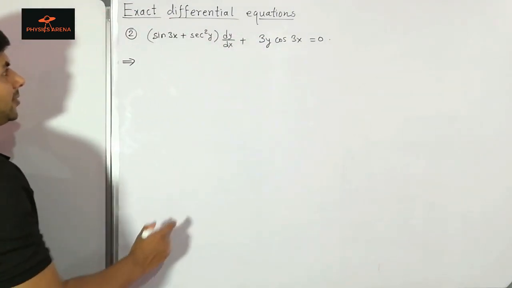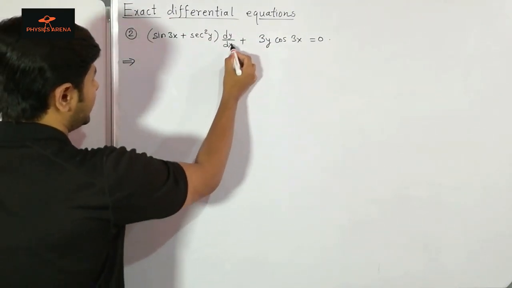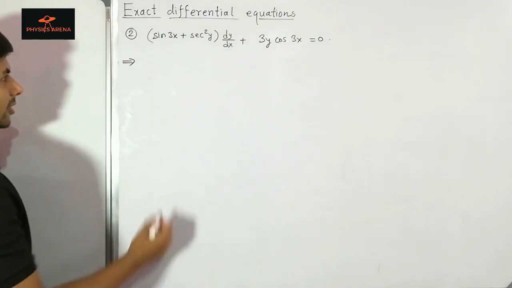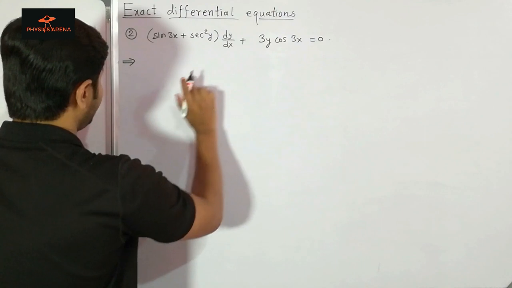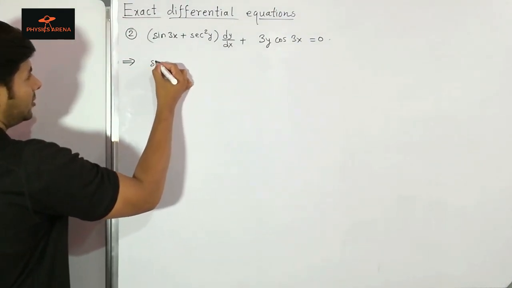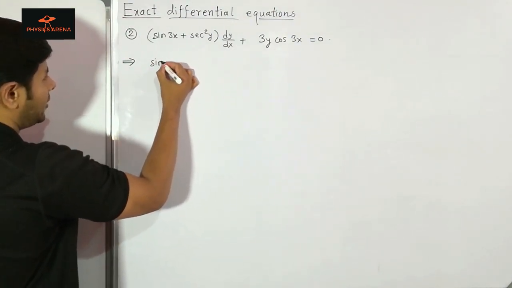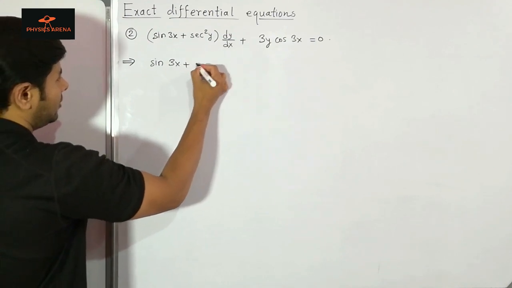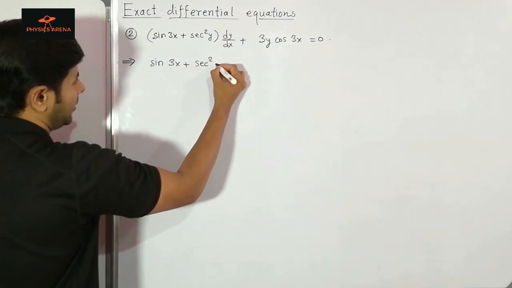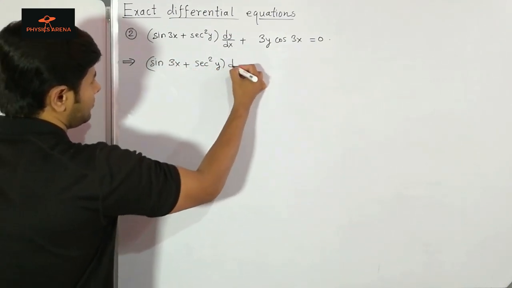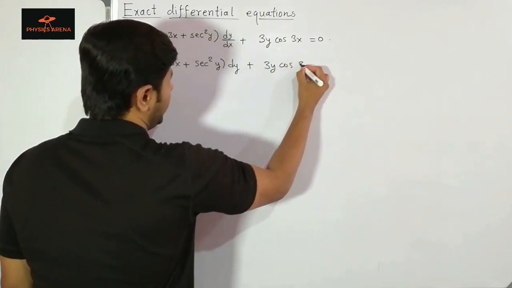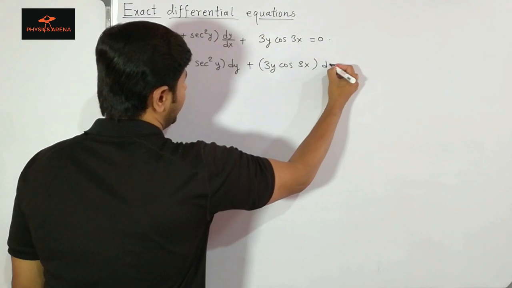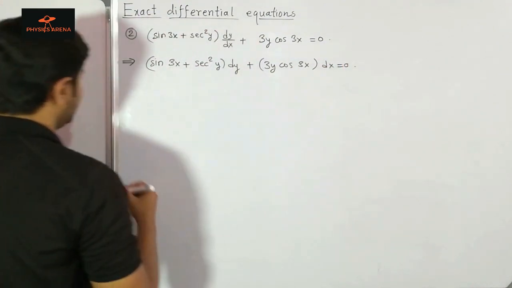So for that, let us rewrite this, since there is this dx here, dy by dx. So I will multiply whole equation by dx, differential of x. So I get (sin 3x plus sec square y) dy plus 3y into cosine of 3x multiplied by dx equals to 0.